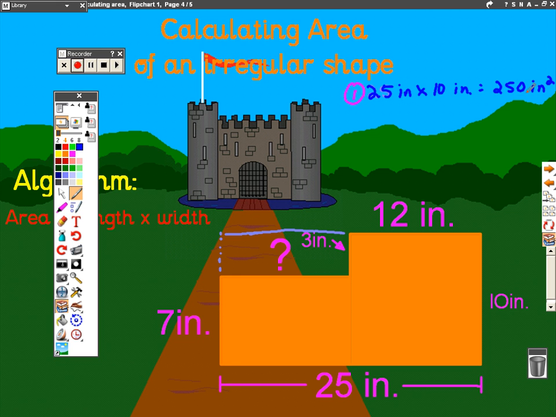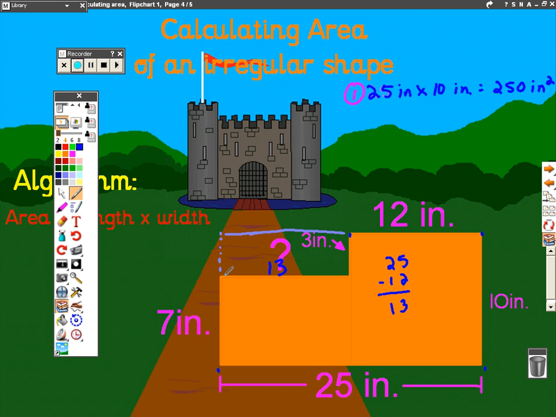However, I have this missing rectangle that I need to subtract because this part is not included in my entire area. Now first I need to figure out the length of my missing side. So if I know that from here to here is 25 inches, and I know from here to here is 12 inches, I can subtract 12 from 25 and get 13 inches left over.